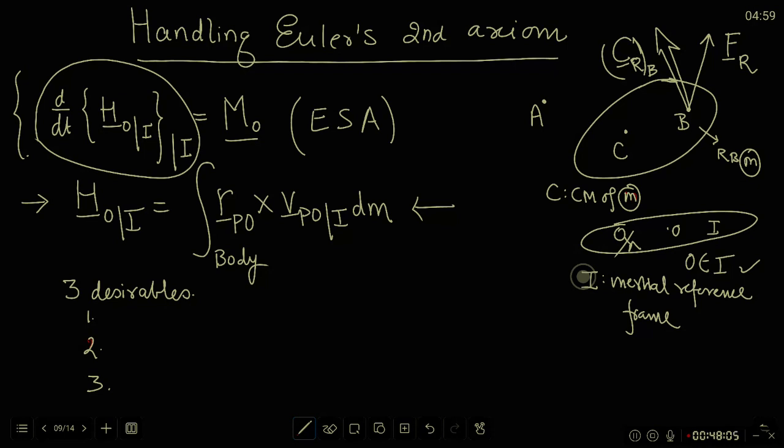Please realize that in Euler's second axiom, you have to deal with the time derivative of that integral. Okay? Two complications: integral at time t, and then time derivative of that integral. That's why I say it is not straightforward to handle.